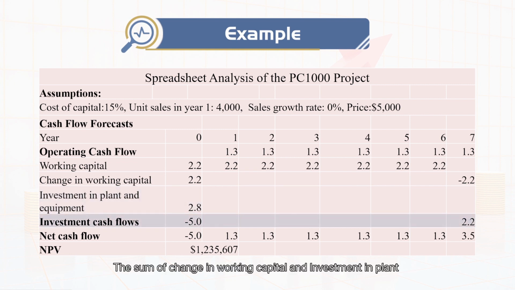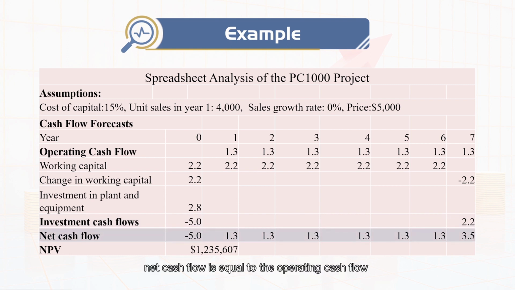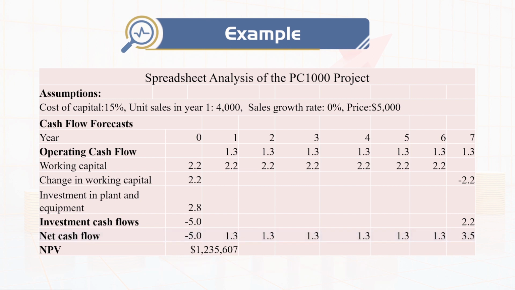The sum of change in working capital and investment in plant and equipment leads to the investment cash flows. The last one, net cash flow, is equal to the operating cash flow plus the corresponding investment cash flow.